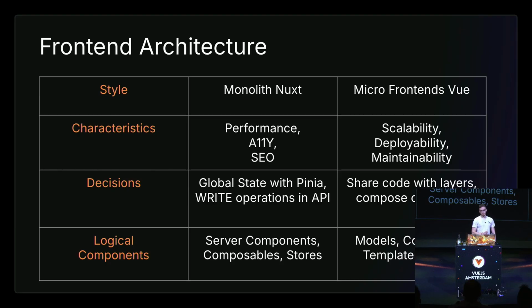The second example could be micro frontends, with scalability, deployability, and maintainability as characteristics. For decisions, we will share code with layers and compose our application client-side. And for logical components, finally, we'll use models, collections, templates, views, possibly more.